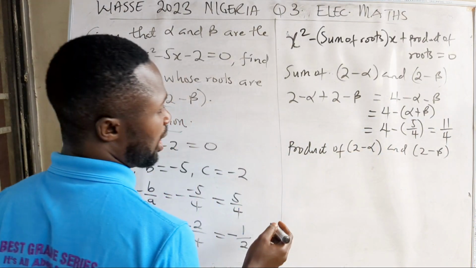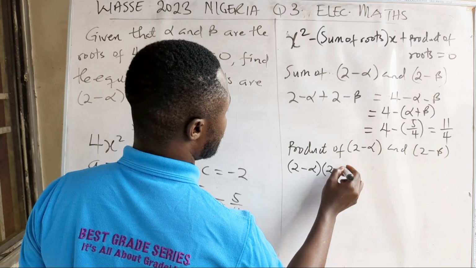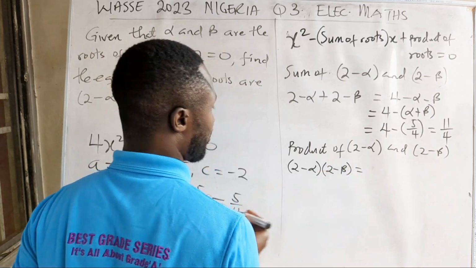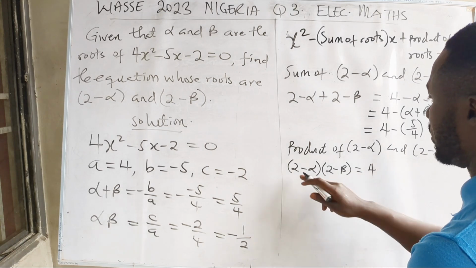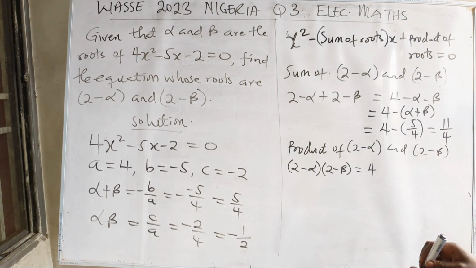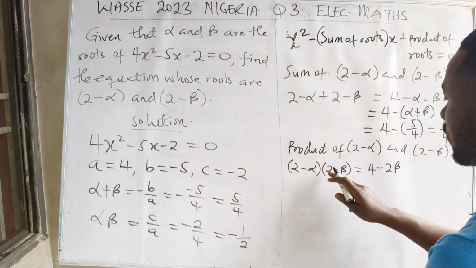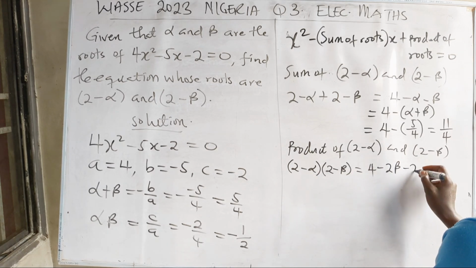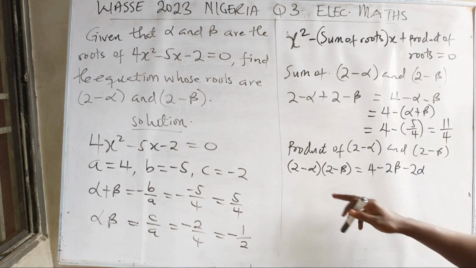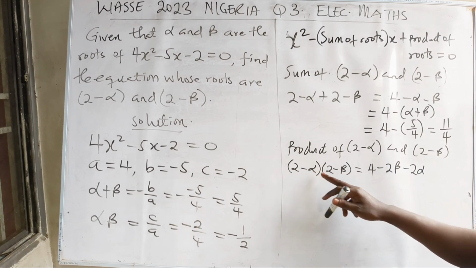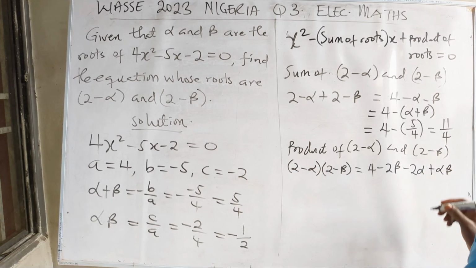Okay, so let me do my multiplication. 2 times 2 will give me 4. 2 times minus beta will give me minus 2 beta. Minus alpha times 2 will give me minus 2 alpha. And then minus alpha times minus beta will give me plus alpha beta.